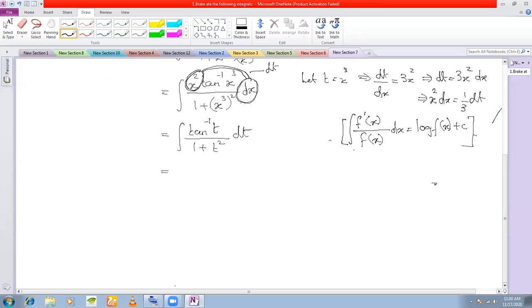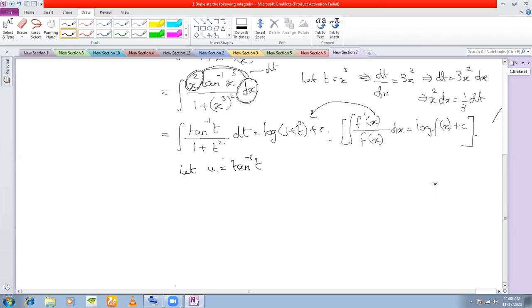Or what you can do here is, you can again put u is equal to tan inverse t and then proceed. Okay, that means if you are using this, then from here you can directly write this as log of 1 plus t square plus c.